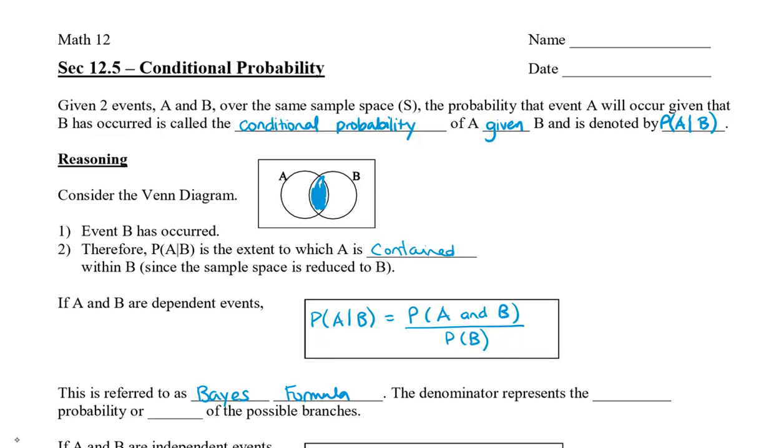So the denominator represents the total probability, or the sum of all the possible branches if we drew a probability tree.